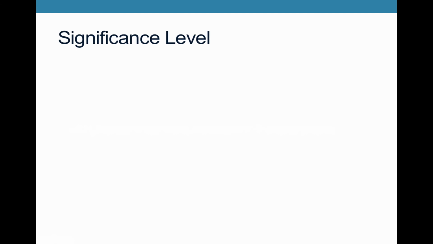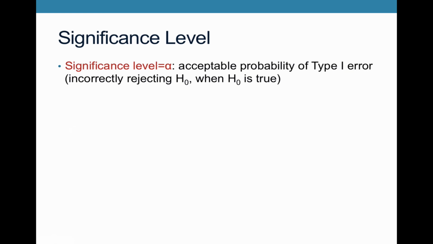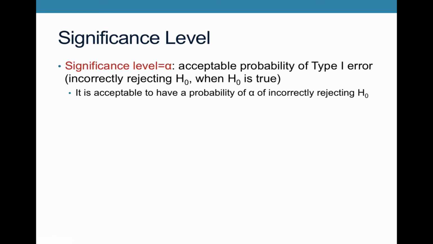The next concept that we're building up here is the significance level. The significance level is the probability that we accept of a type 1 error. In other words, incorrectly rejecting the null hypothesis when that null hypothesis is actually true. So we're thinking that there is, at some level, an acceptable probability, alpha, of incorrectly rejecting the null hypothesis.